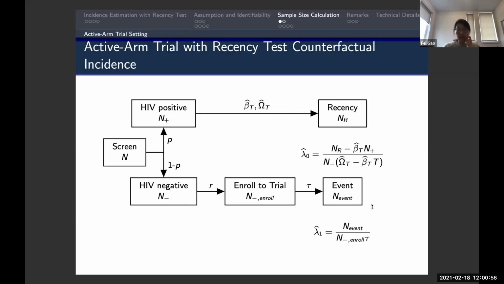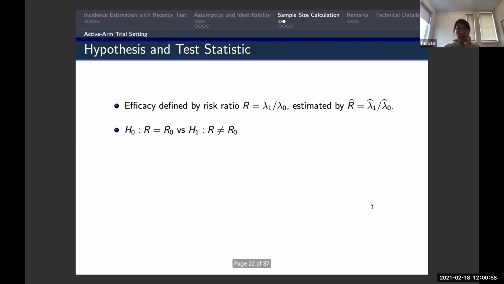Here we are trying to look at the efficacy defined by the risk ratio, R equals R1 over R0. This quantity can be estimated by R hat, which is just the ratio of these two estimators we obtained from the last slide.